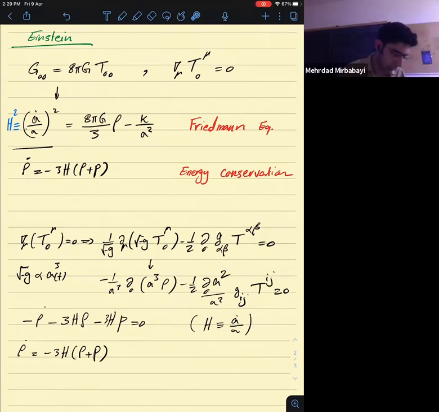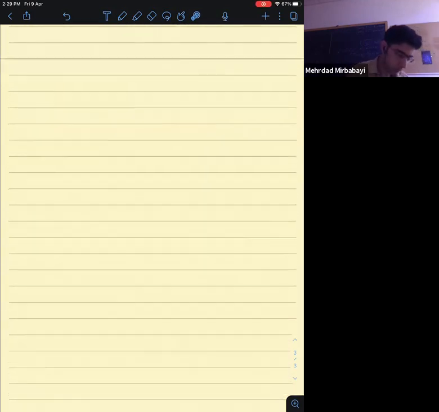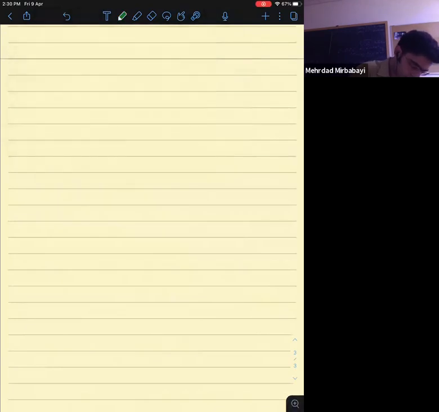Okay, let's talk about the meaning of this H parameter that I defined. So this H is called the Hubble parameter, and its interpretation is that it gives us the Hubble law.